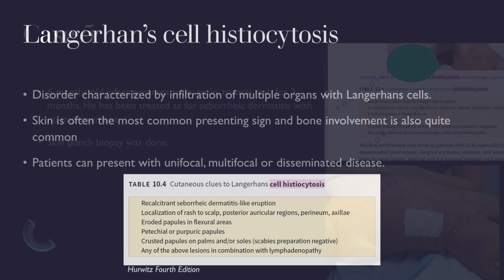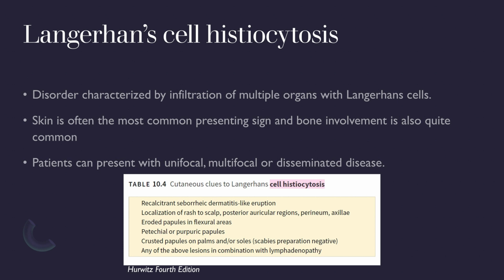So this was actually Langerhans cell histiocytosis. The purpuric papules and petechiae were the giveaway for this condition. It's a disorder that is characterized by infiltration of multiple organs with Langerhans cells. This, of course, was then taken over in management by the heme oncologist and was started on the appropriate chemotherapy.